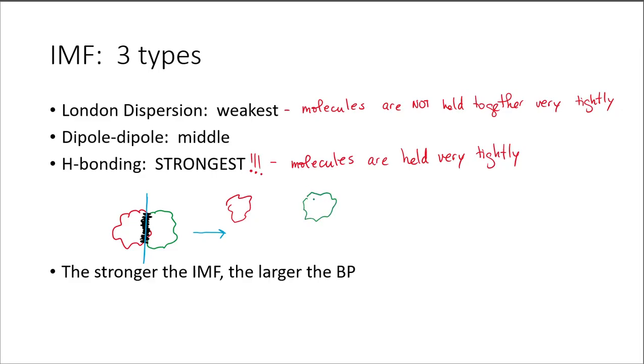Gas phase molecules are really, really far apart from each other, and they're moving around really, really rapidly. They can't do that unless they're pulled apart. So the stronger the intermolecular force, the more tightly those two molecules are held together, the more energy required to separate them.